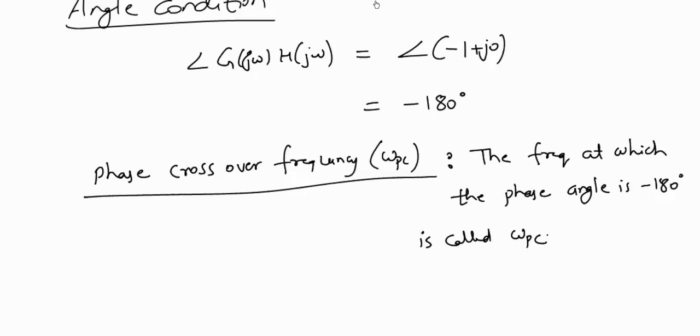So we have defined two frequencies, gain crossover frequency and phase crossover frequency, from the magnitude condition and the angle condition respectively. Fine. Now we will define the terms called gain margin and phase margin.